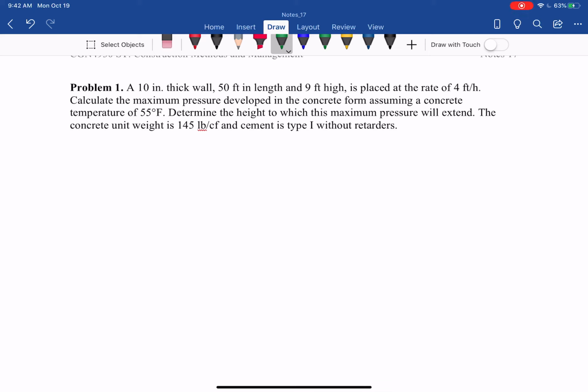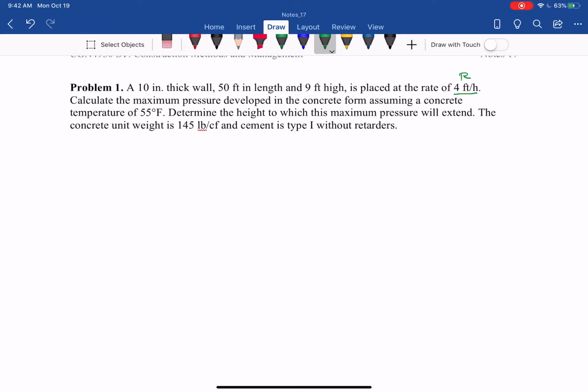Problem 1: a 10-inch thick wall, 50 feet in length and 9 feet in height, is placed at the rate of 4 feet per hour. So that is the R in the equation.